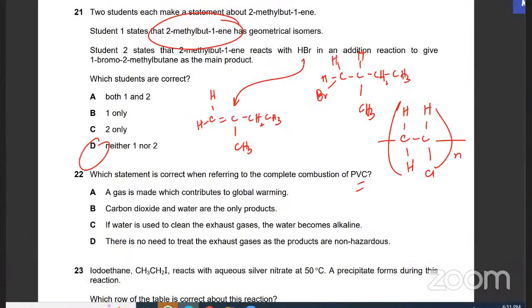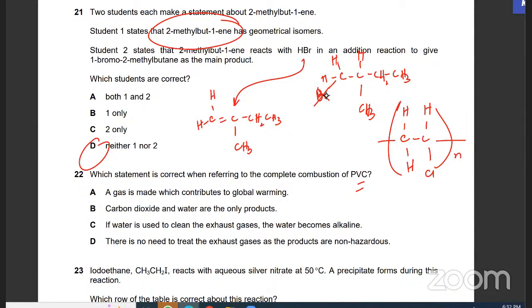You get two products, one of them major, the other one minor. He's already stated that that's the main product, so it's not the main product, right? The H must have been bonded over here, not the Br. Yeah, that's what you're saying.